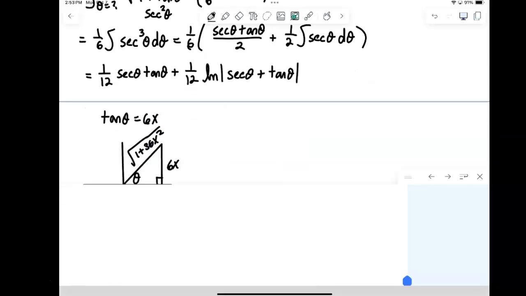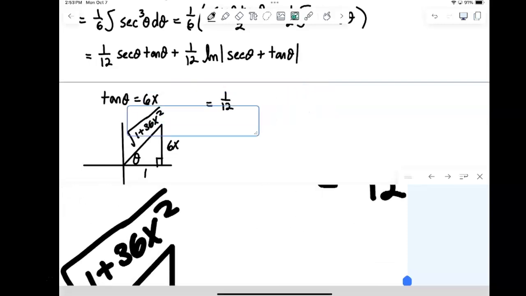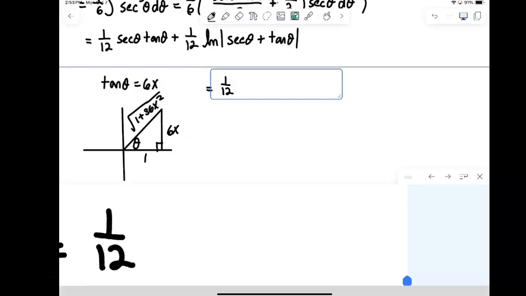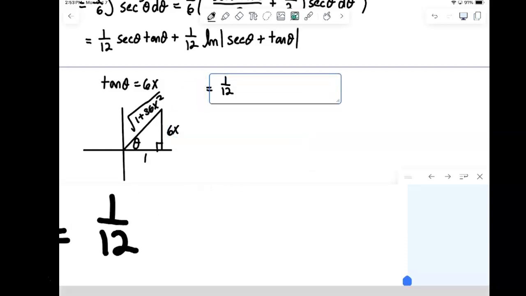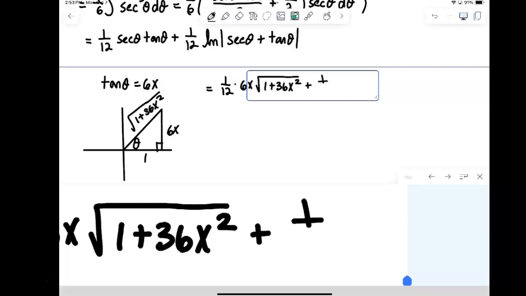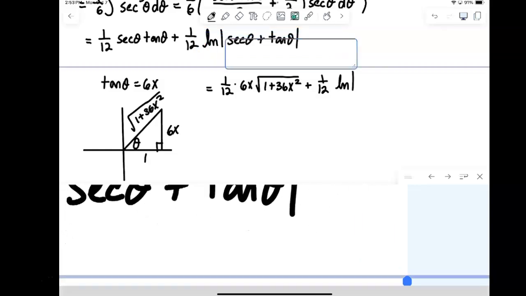Okay, so let's do that. 1/12. Secant would be that stuff over 1, over the adjacent, so the square root of 1 plus 36x squared. And tangent is just going to be 6x. So it's going to be 1/12 times 6x times the square root of 1 plus 36x squared, plus 1/12 ln absolute value of secant plus tangent.